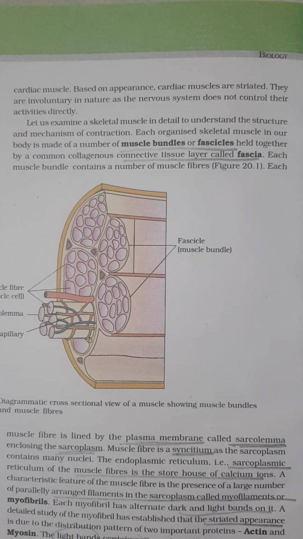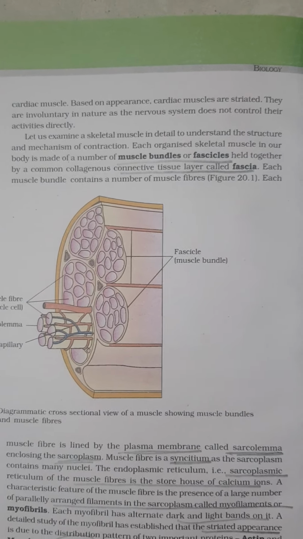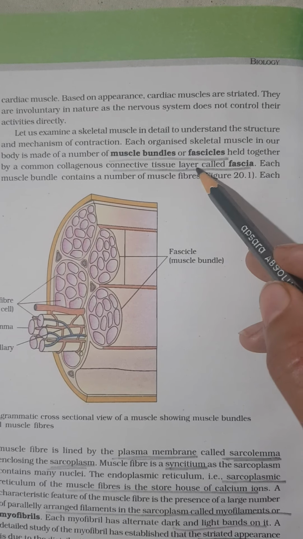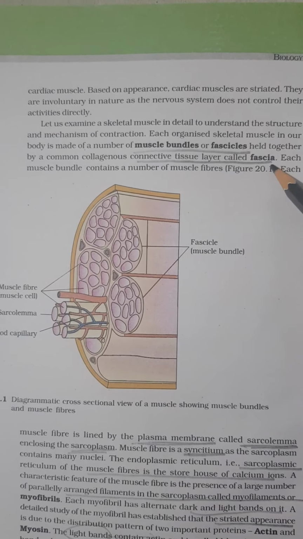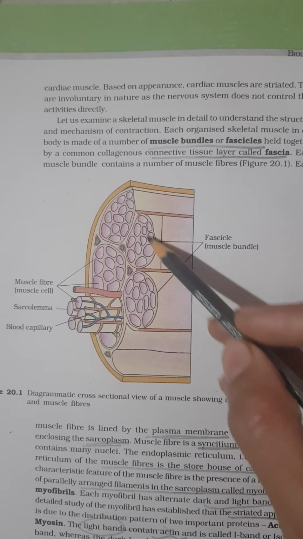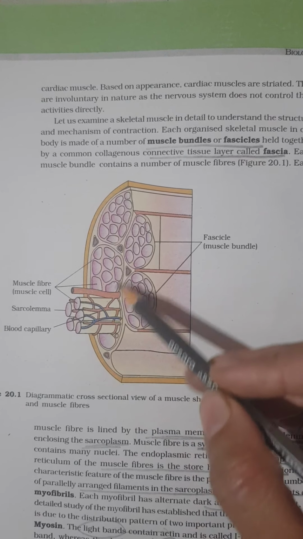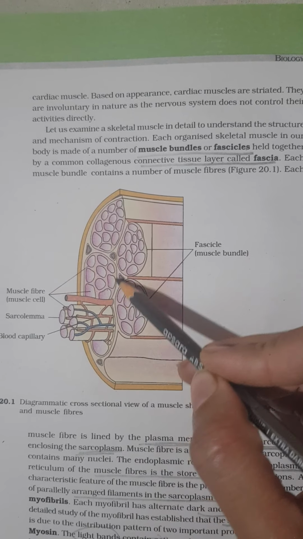Now, the skeletal muscles in our body are made up of certain filaments which can together be called muscle bundles or fascicles, which are joined together with a connective tissue called fascia. You can see over here, these are the muscle bundles which are connected together with the help of these connective tissues which are referred to as fascia.